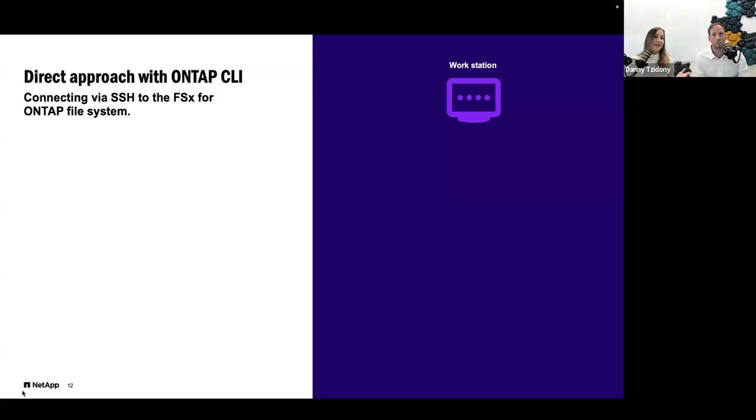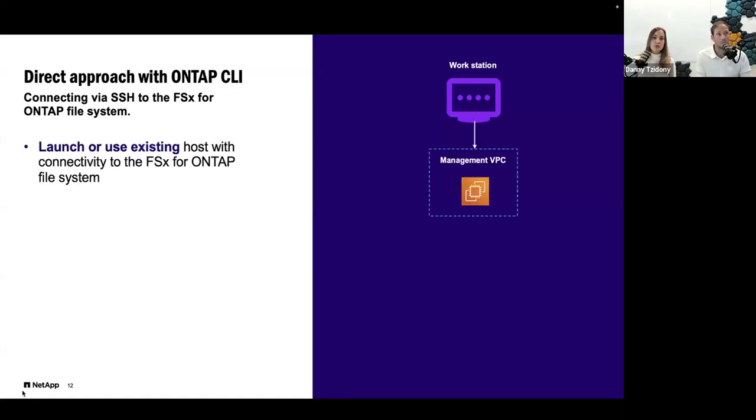So if you have any experience with any ONTAP system, regardless if it is on-premises, CVO, any type of ONTAP, ONTAP is ONTAP. And if you're familiar with the ONTAP CLI and with the old ONTAP commands, you can just use exactly the same commands. So we are talking about creating a jump host in order to connect to your FSx system.